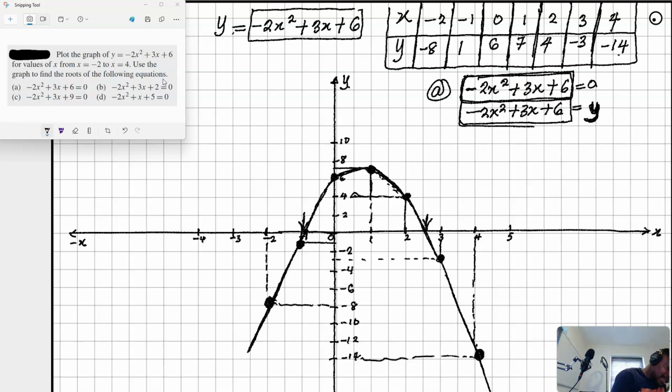So here it simply means the root of the equation minus 2x squared plus 3x plus 6 is equals to 0 are what is the value here? Because that is where the curve cuts the x-axis. That should be x is equals to 2.5, middle of 2 and 3, and that's it.